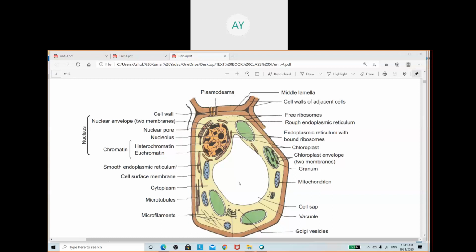But if there is only liquid inside the cell, the liquid inside the nucleus (nucleoplasm) plus the liquid outside the nucleus, then it is known as protoplasm. That means the mixing of both liquids, inside the nucleus and outside the nucleus up to the cell membrane, is known as protoplasm.